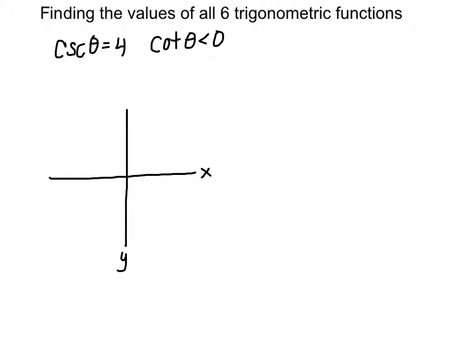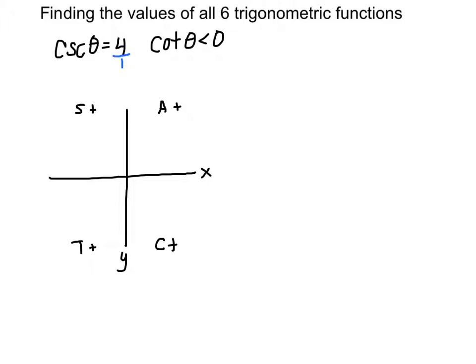We're going to do the same process one more time, but we're going to bump it up a notch. The first thing I like to label is All Students Take Calculus. Remember, these are where the trig functions are positive. I personally prefer to work with sine, cosine, and tangent. Remember, every function has a reciprocal. So here's what I'm going to label right now.